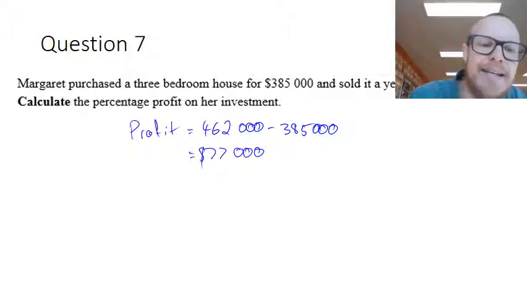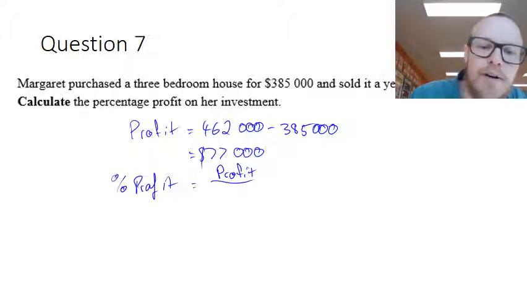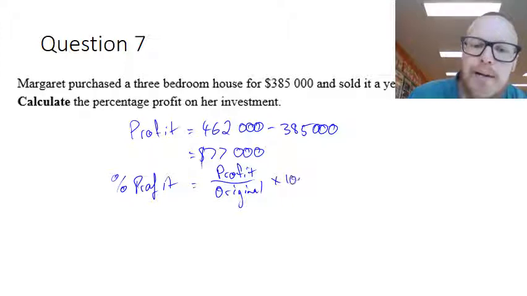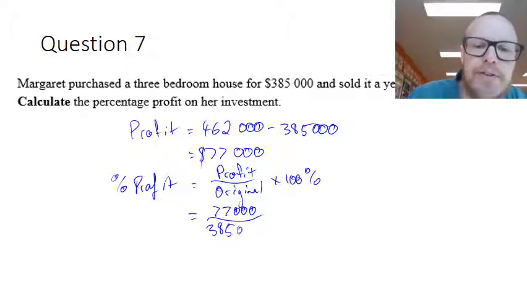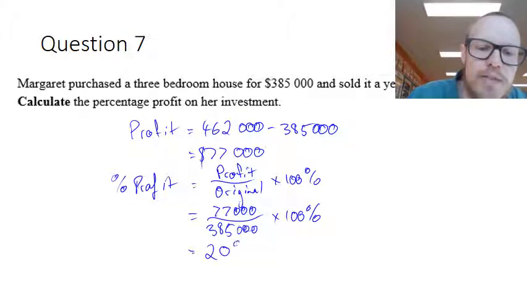So the percentage profit is going to be equal to the profit divided by the original, then multiplying by 100 to get it as a percentage. So the actual profit is 77,000. The original price is 385,000. Multiply that by 100% and we get that the percentage profit is 20%.